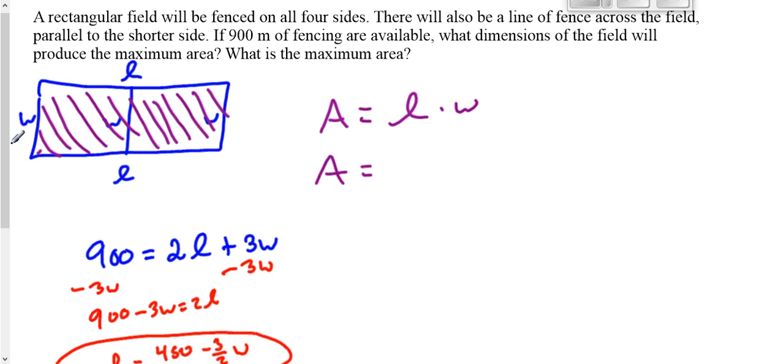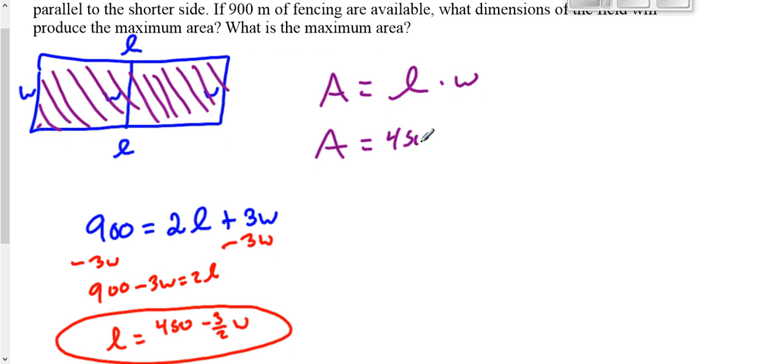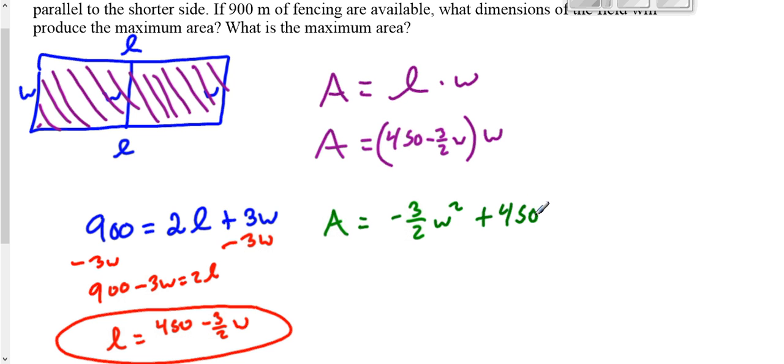So area is equal to 450 minus 3 halves W times W, which means we have negative 3 halves W squared plus 450 W. Find our vertex. W is equal to negative B all over 2A. So we get negative 450 all over negative 3. Because the 2 here cancels with the 2 here, just leaving us that.